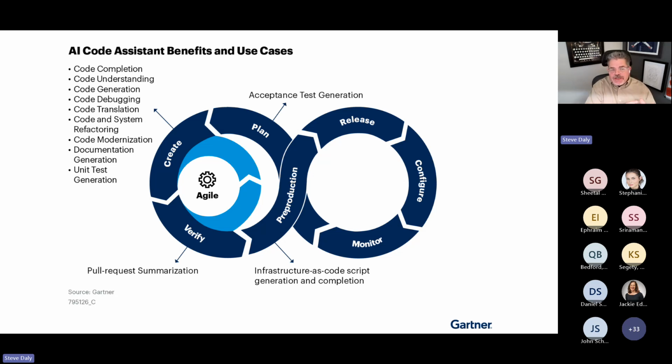Now, I do caution a little bit on these different benefits and use cases. I read a recent article about a new term called AI obesity, the idea of becoming too reliant on AI. This is a challenge with code assistant tools as well. You need to make sure that, for example, your junior developers are not just accepting what the AI gives them by default and putting it into your application.